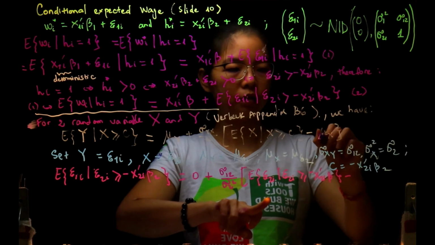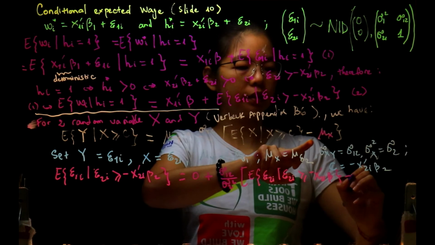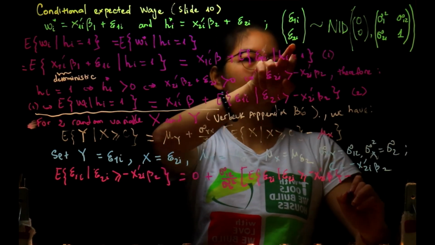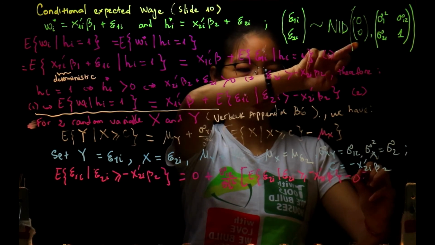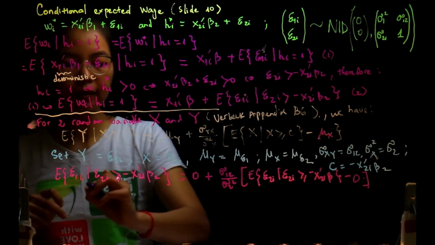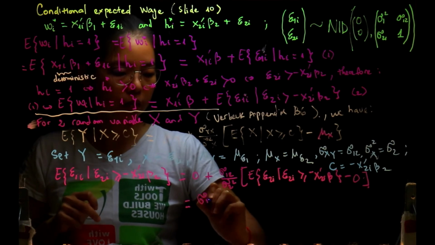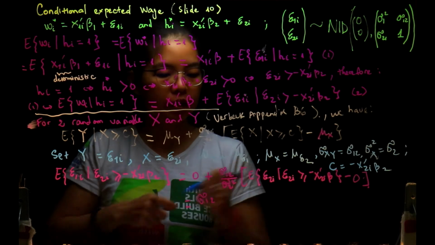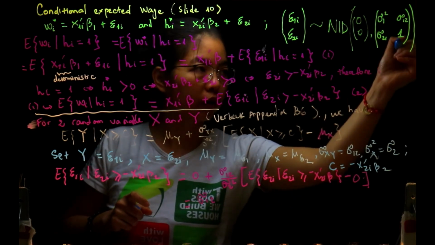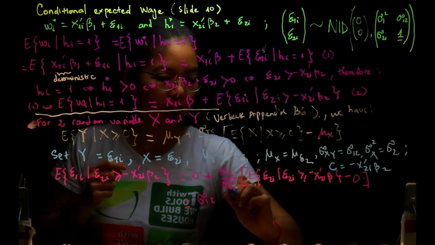You may not see this clearly. Mu x is the mean of epsilon 2i, again 0, the unconditional mean, right? So therefore this part will be down to sigma 1,2, and sigma 2 square over here we have 1, so just 1, right?